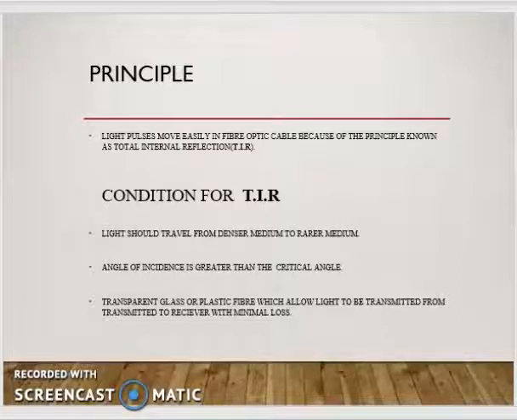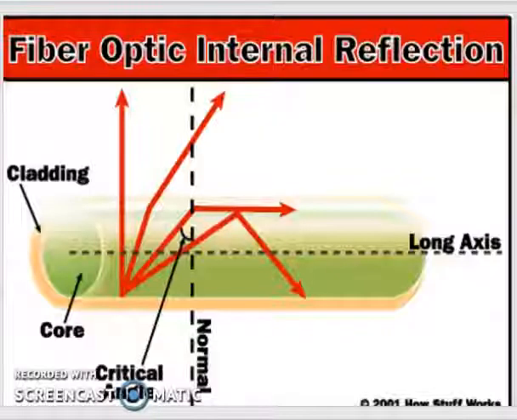The angle of refraction is greater than the angle of incidence. As the angle of incidence increases, the angle of refraction also increases, and for a particular angle of incidence, the refracted ray grazes the interface between the core and clad.